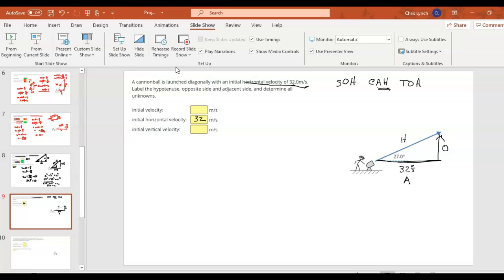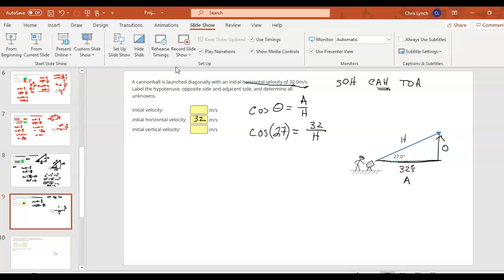So we're going to use cosine. Cosine of the angle is adjacent over hypotenuse. In our case, we do have the angle, cos 27, and we have the adjacent side, which is 32. So we're trying to find the hypotenuse, which is the initial velocity vector.